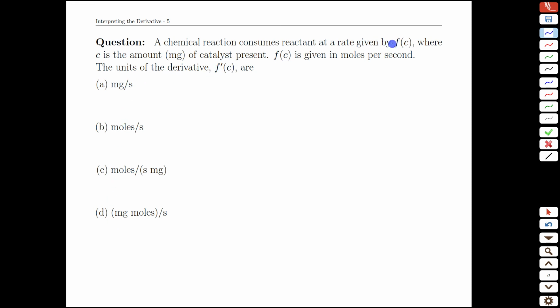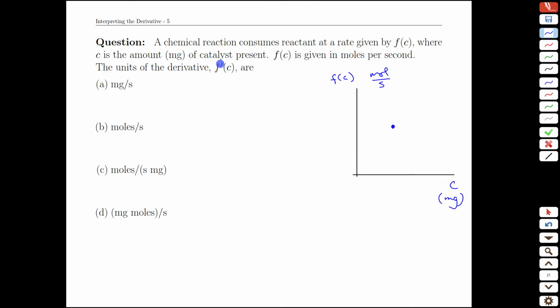F is the rate of a reaction and C is the amount of catalyst. Let's take a look. I find it very helpful to sketch a graph. Even if we don't have that much information, we know the relationship between the input variable and the output variable. We know that moles per second are the units on this side. We know that milligrams are the units on this side.